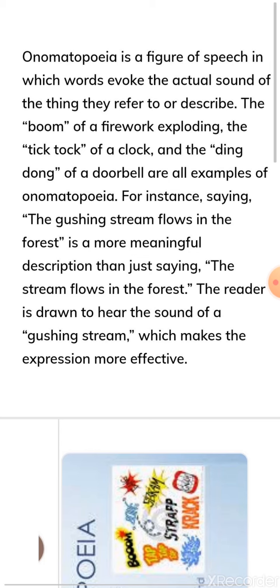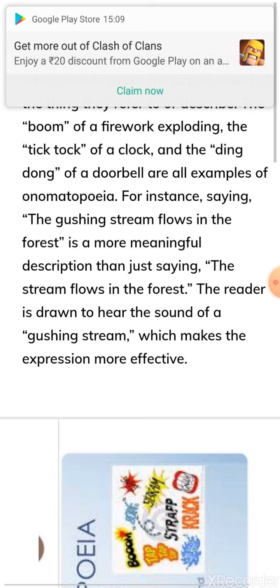For instance, saying the gushing streams flow in the forest is a more meaningful description than just saying the streams flow in the forest. So the reader is drawn to hear the sound of a gushing stream, which makes the expression more effective.